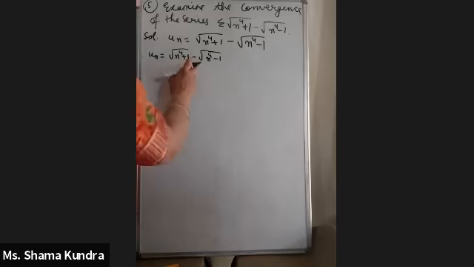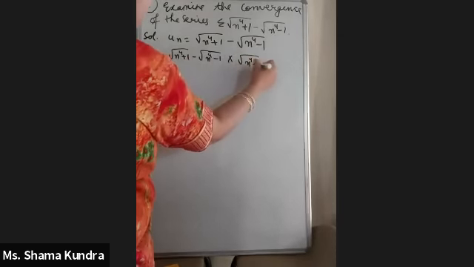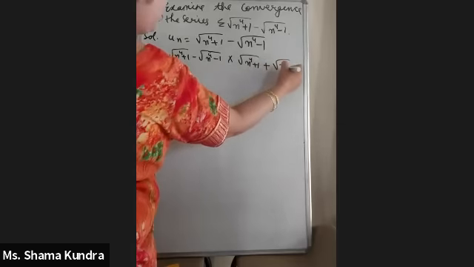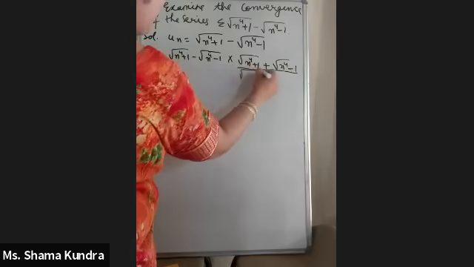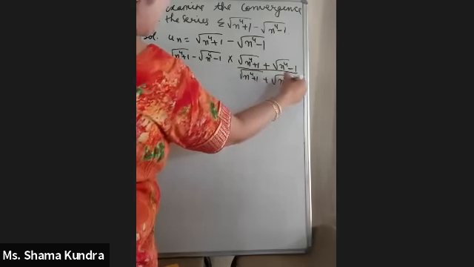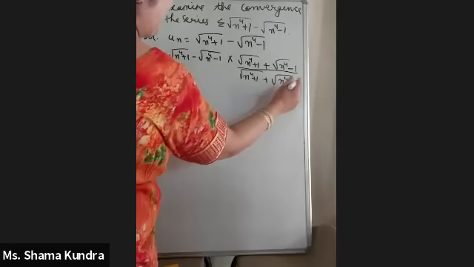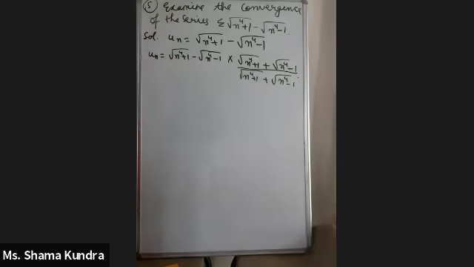This minus will become plus. a minus b, a plus b is a square minus b square.